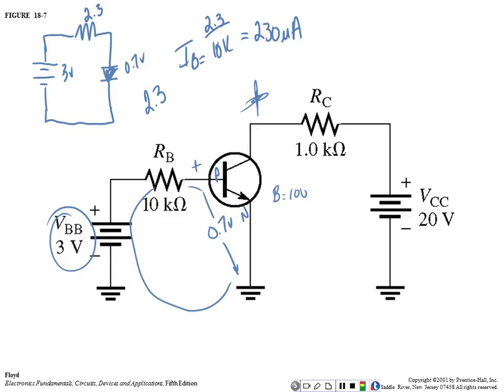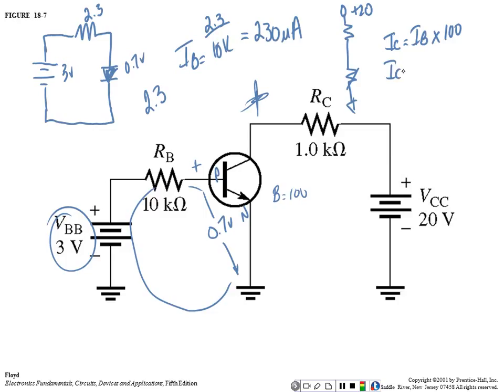So now I have to move over to the other side. I have no idea what the ohm value of the transistor is. But if this beta is constant, which is what we're dealing with now just to learn how to play around with it, then I know I can calculate IC. So IC is equal to IB times beta.